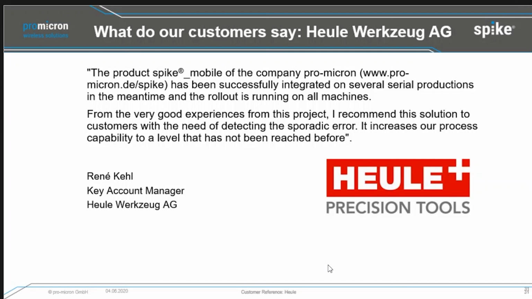It increases our process capability to a level that has not been reached before. René Kehl, Key Account Manager of Heule Werkzeug AG. So you can see the customers that are using our system in serial production or are directly related to our monitoring solutions are quite satisfied with the solution we offer.